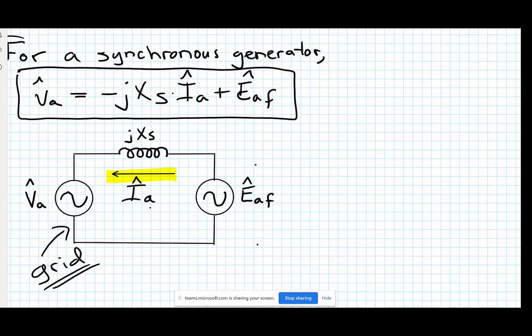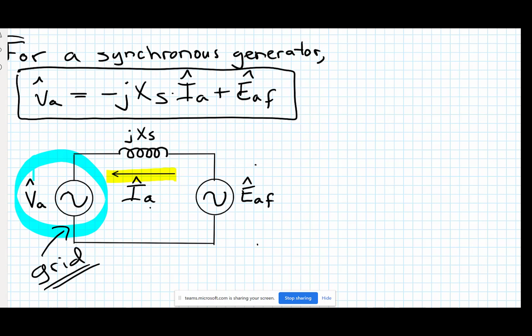Synchronous machines are usually used as the main generators that are supplying power to the electrical grid. So it's a good way to think about these machines, just by assuming that there's a fixed infinite bus that you're putting current into or out of. As far as this class goes, that's what we're going to do.